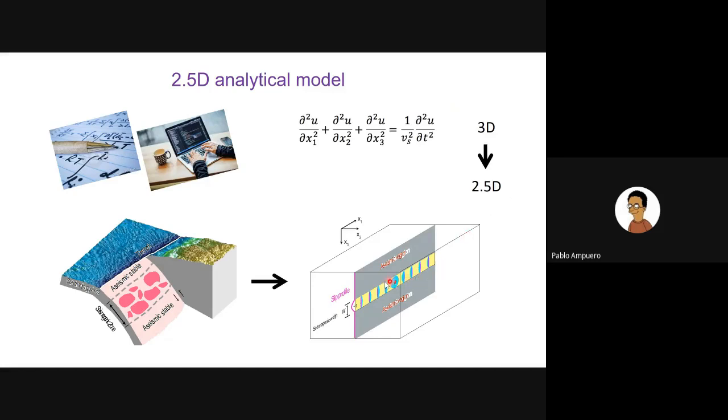Basically, if we're looking at the fault and we do a special weighted average of quantities across depth, we can transform these equations into a set of 2D equations that now only depend on two variables in map view, the two horizontal positions, and we have averaged out the depth behavior. So that's 2.5D. The interest of this is that it has the same computational cost as a 2D simulation, so it's much cheaper than a 3D simulation.